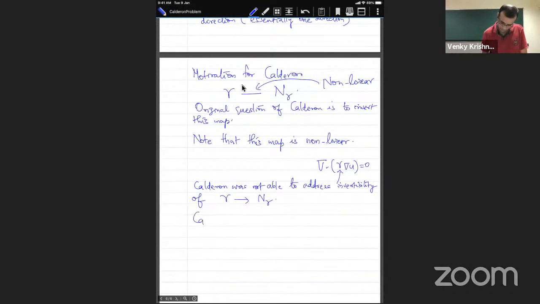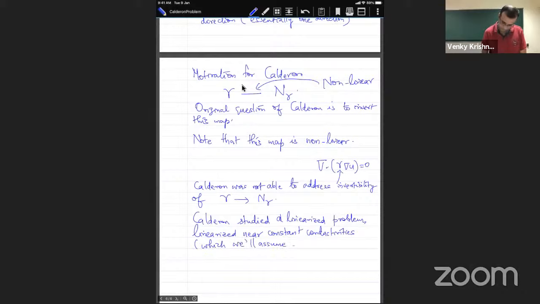So Calderon studied the linearized problem, linearized near constant conductivities, which we will assume is 1.